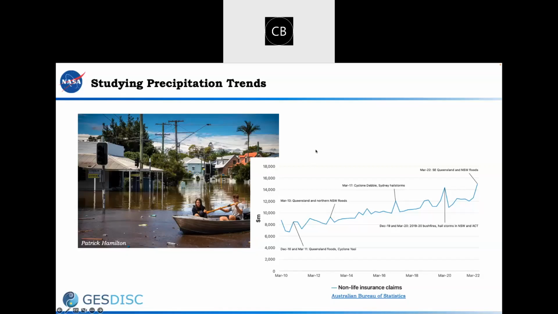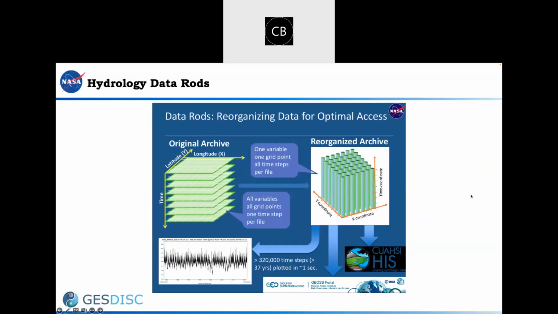And so what I'm going to be showing during my demo here is one of these services, which uses some of this data that Jim previously showed. And that is our hydrology data rods time series subsetting service. And so let's say you wanted to look at years and years of this LDAS data.